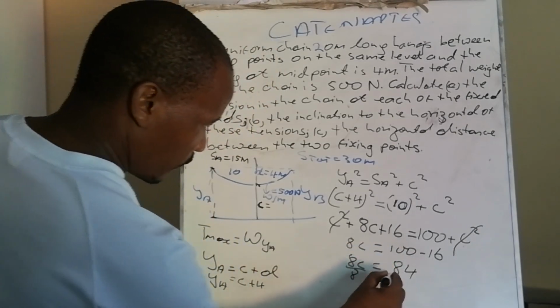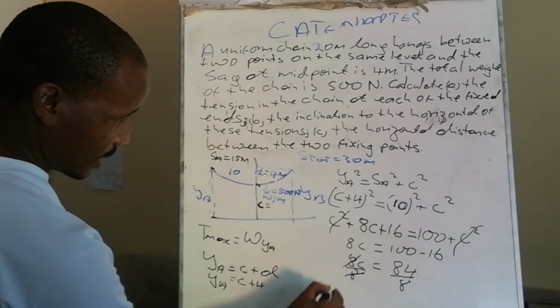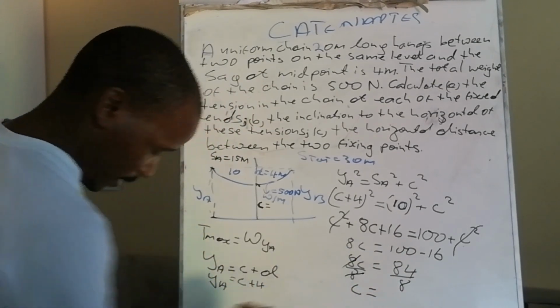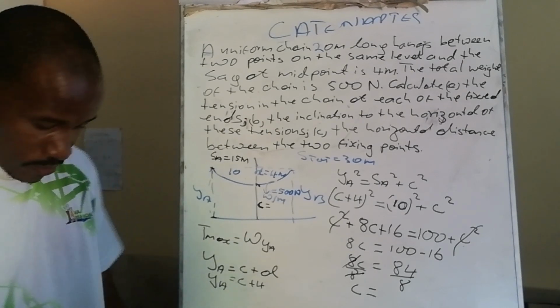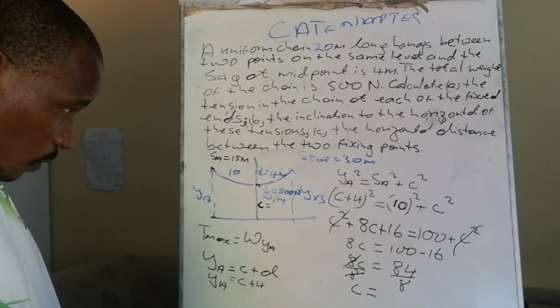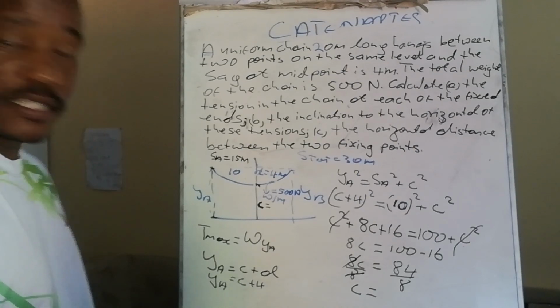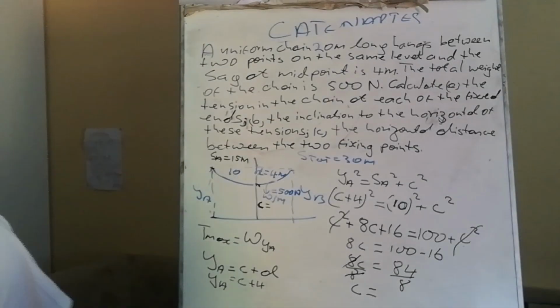Therefore, you divide both sides by 8 such that this cancels that, and then C is equals to 84 divided by 8. C is equals to 10.5.